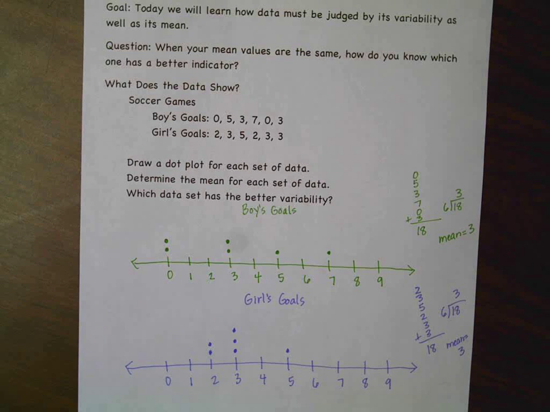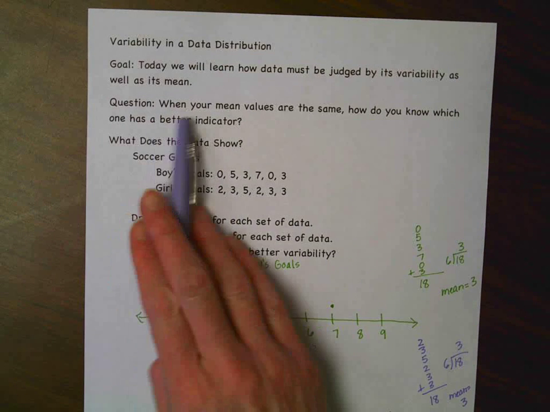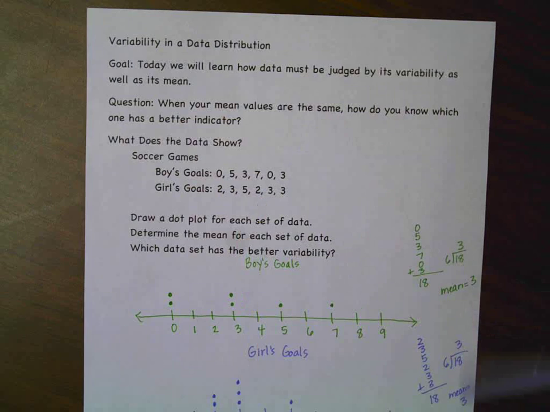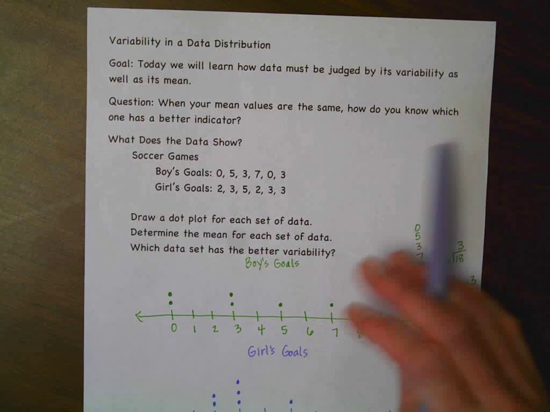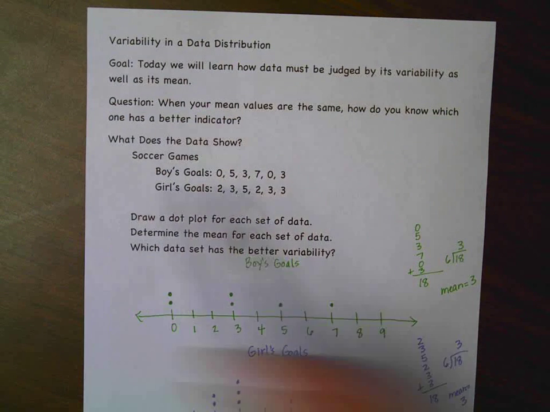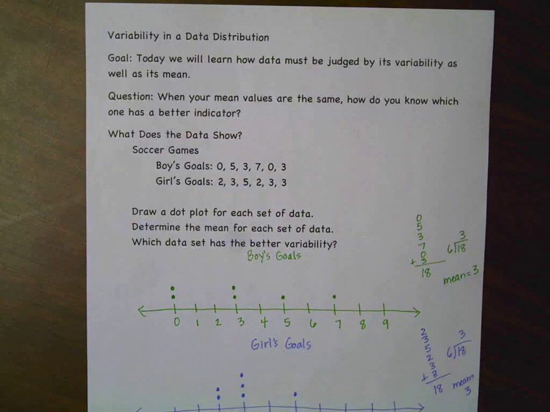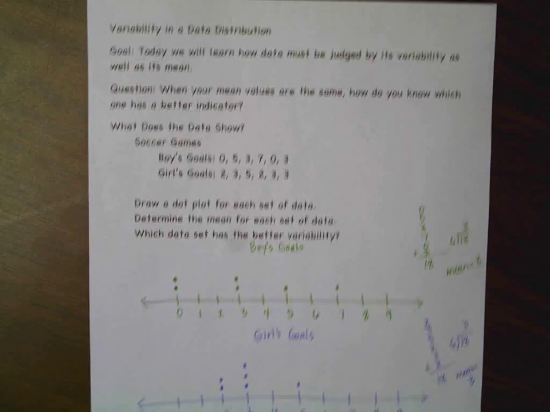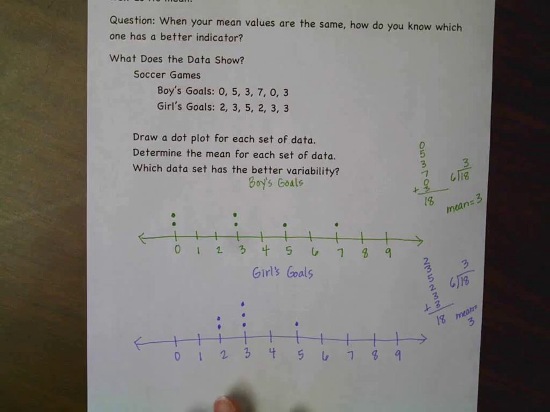Okay? And as you can see, it says right up here in the question, when the mean values are the same, they're both 3, how do you know which has a better indicator? And remember, we're looking for variability. Variability means the ability to show things vary in your goals.